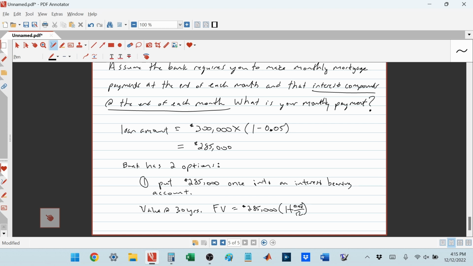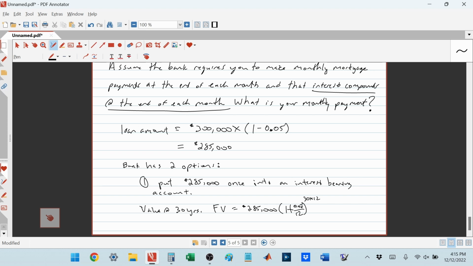And we're raising it to the power of n, the number of compounding periods. There's 30 years, but interest compounds 12 times every year. There's 360 compounding periods.